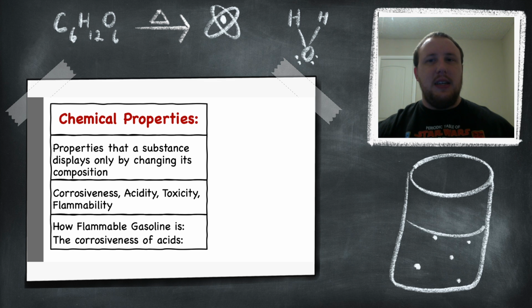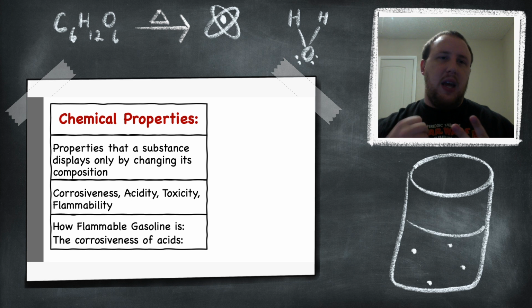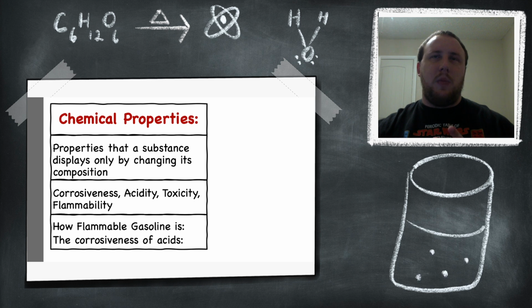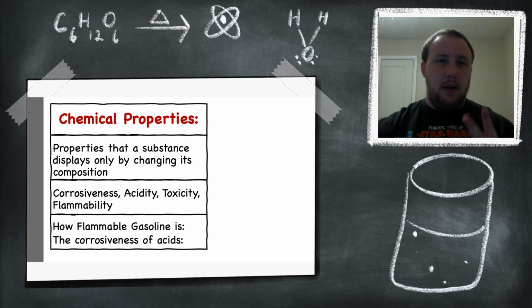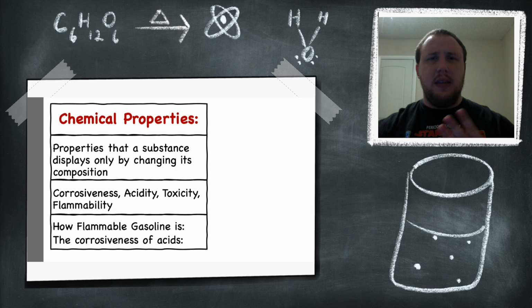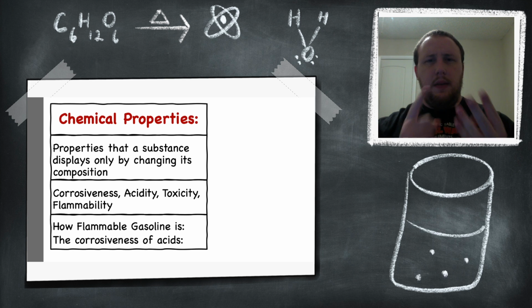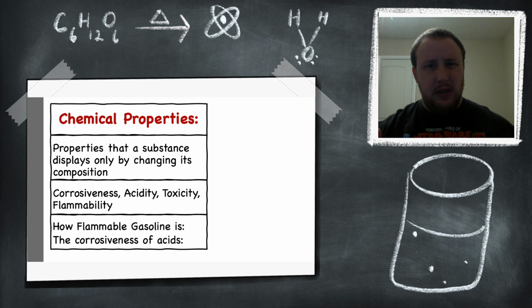Some examples of this are corrosiveness, so can it be broken down? Acidity, so when an acid takes something, it can dissolve it, and we'll get into acids later in the year. Toxicity, so is it toxic? And then flammability, once I burn something, I'm not going to get that thing back.